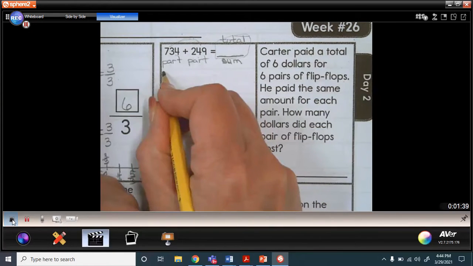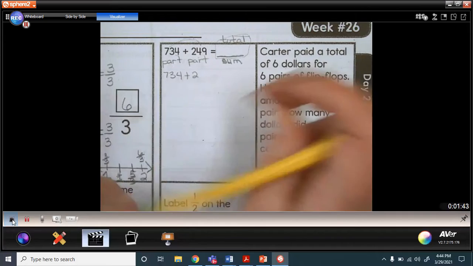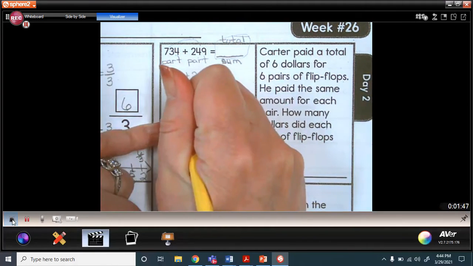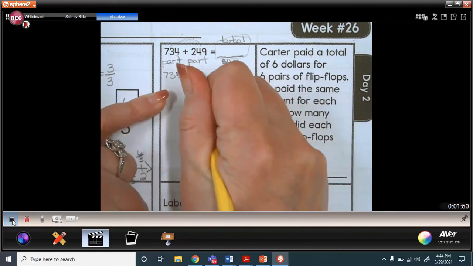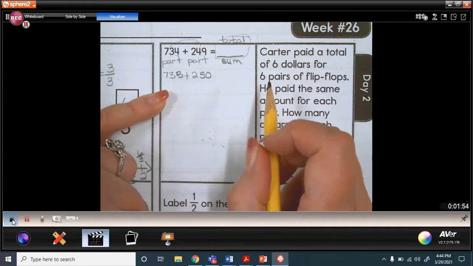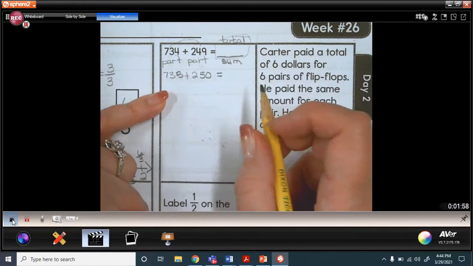So I could do 733 plus 250. Take 1 away from 734, make it 733, and add it to this 249 and make it 250. This is going to make it easier for us to add these amounts together.